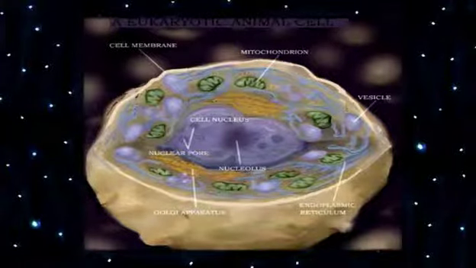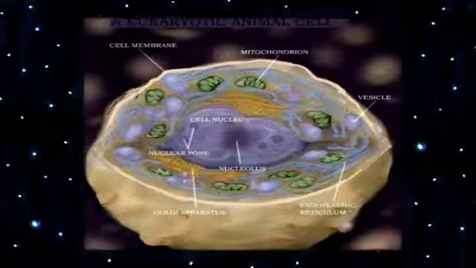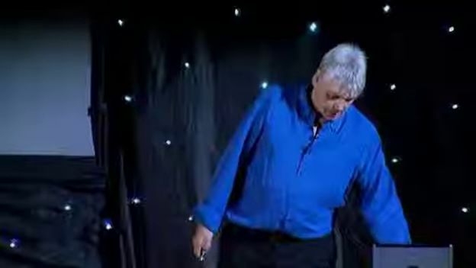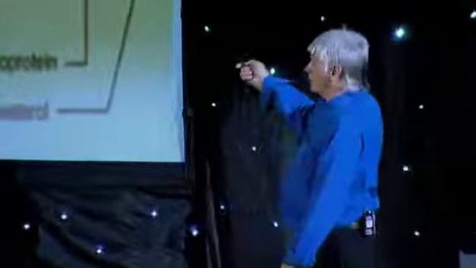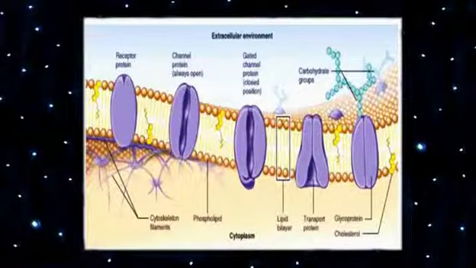The membrane of every cell, and we have trillions of them, is a crystalline substance. DNA is a crystalline substance. This is the membrane of a cell.